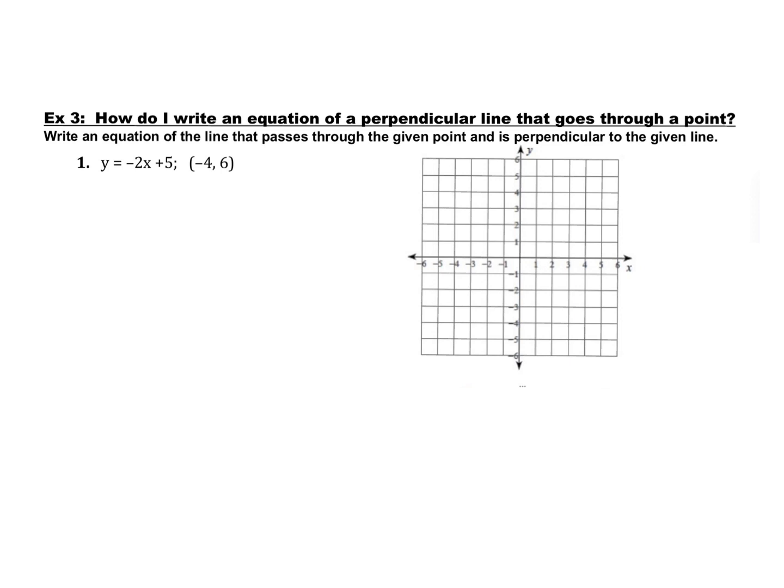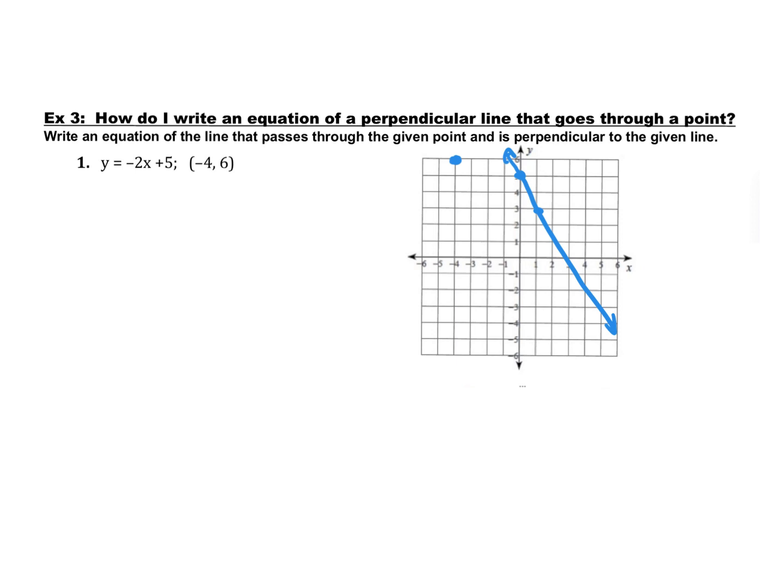I would like to show what it looks like on a graph. And so I'm going to graph y is equal to negative 2x plus 5. So I'll start at the 5, and I'm going to go down 2 over 1. And so I now have this line graphed right here. All right, and then we want it to go through the point negative 4, 6. I'm going to go over negative 4 and up 6.